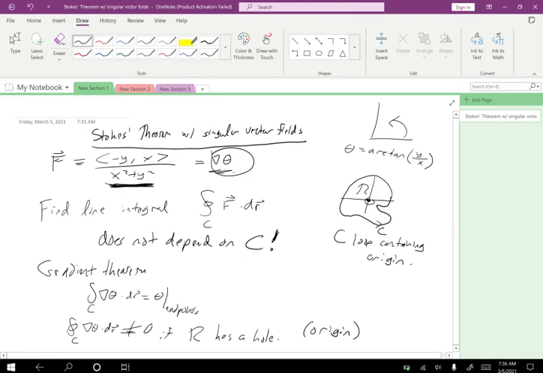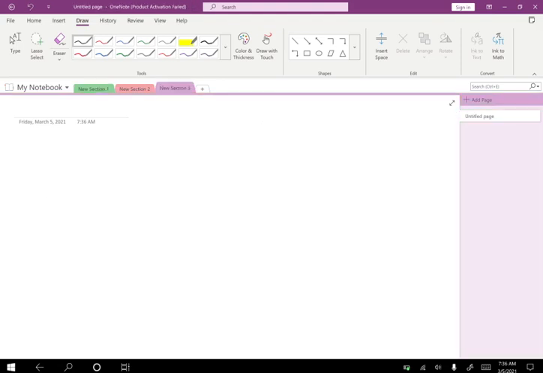If we know that it has a gradient representation, we're kind of done, because the curl of this will be 0 away from the origin. But let's say we had something more complicated than this, and we don't know what the gradient is. We have to take that curl. So let's take the curl of this.